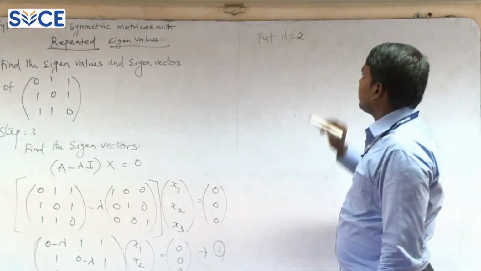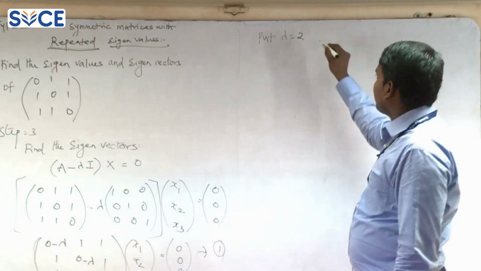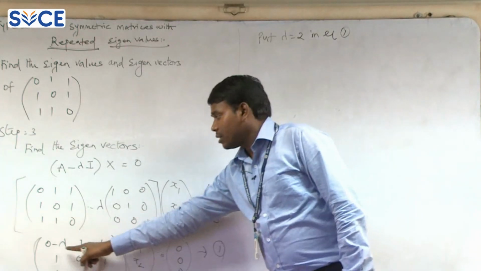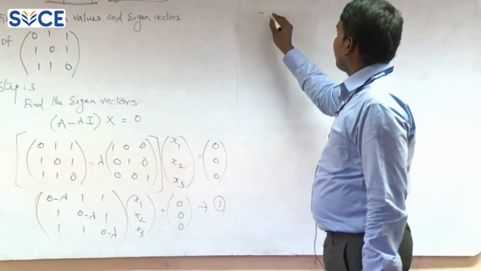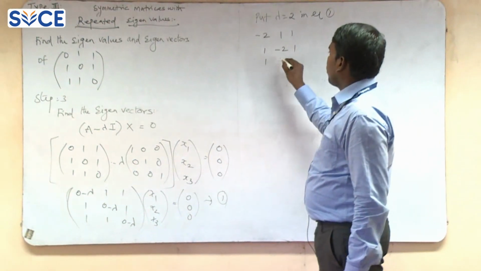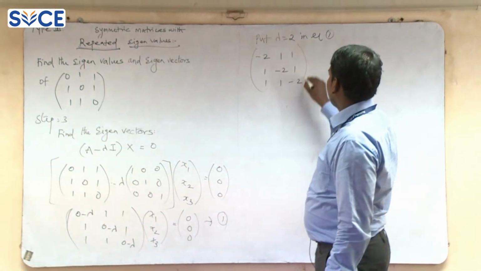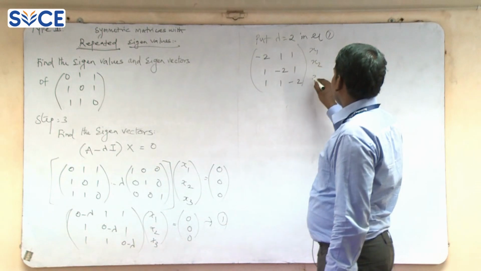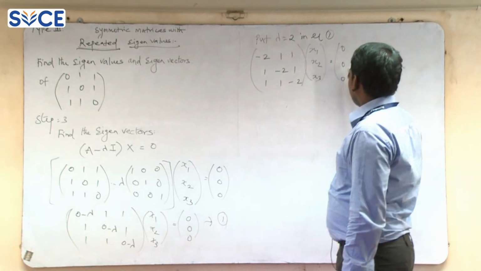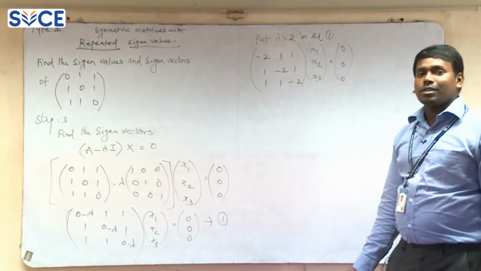For the second eigenvector, what about the eigenvalues? They are minus 1, minus 1, 2. Now I am taking lambda equal to 2. Put lambda equal to 2 in equation number 1. So 0 minus 2 gives minus 2, 1, 1, 1, minus 2, 1, 1, 1, minus 2, into x1, x2, x3 equal to 0, 0, 0. Here all the equations are different.